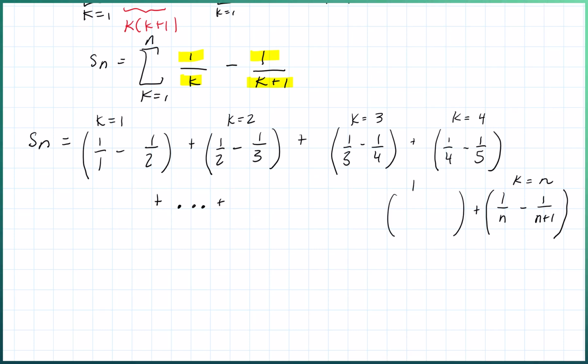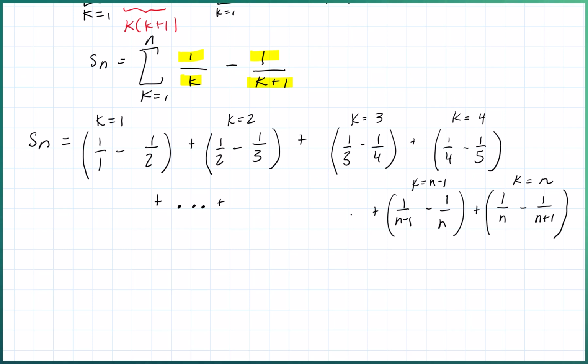The term before that, when k equals n minus 1, we'd have 1 over n minus 1 minus 1 over n, and so on and so forth. I'm going backwards actually here; I should have started at the beginning. I'm expanding this out so we can really see the collapsing here. I think we have enough terms that we can see how this telescopes, how it collapses upon itself.